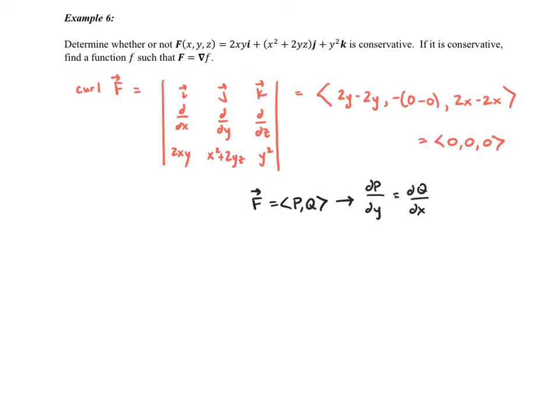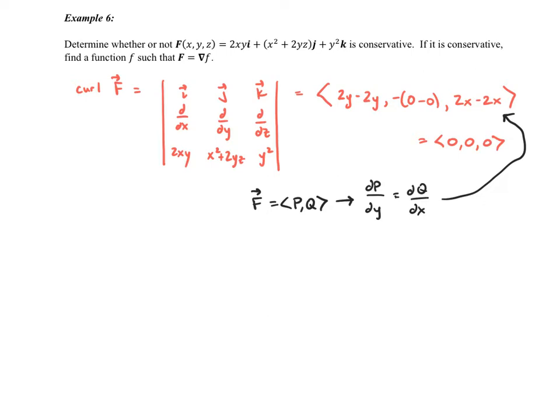If you notice, based on our formula for the curl of f in 3 variables, the whole idea of dp dy equal to dq dx is that last component. When we were looking at this in section 13.3, we were talking about having just the variables x and y. Now we're talking about having variables x, y, and z. So this is essentially the exact same type of test, but now in 3 variables versus 2 variables.